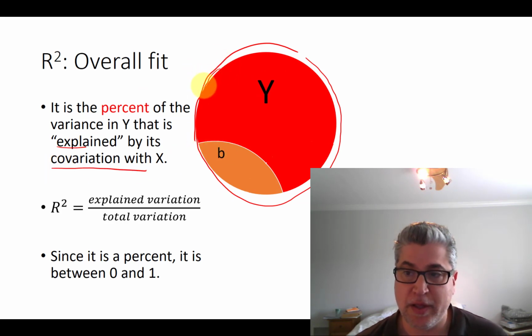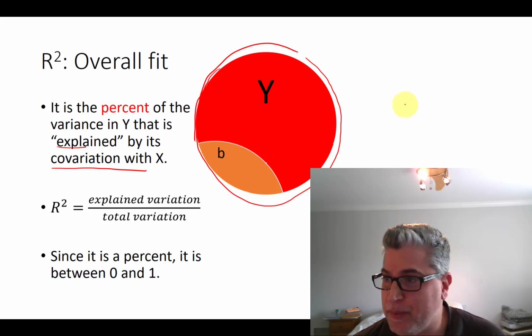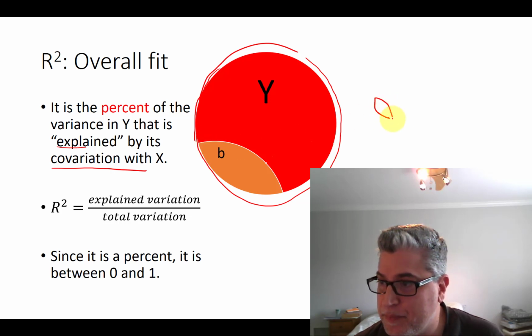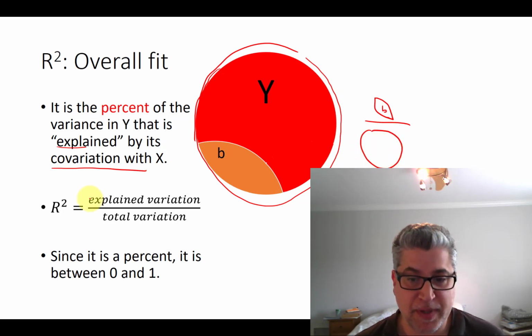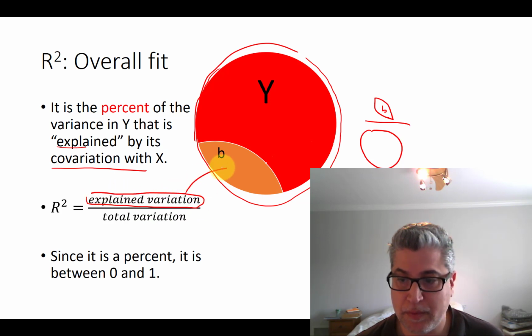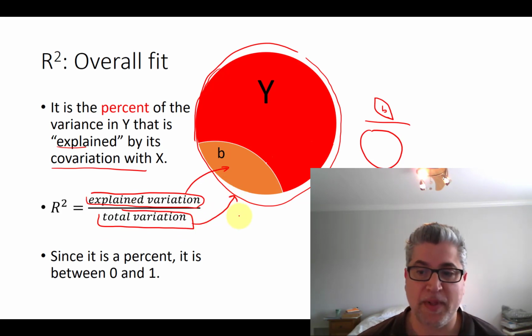So in other words, this part here divided by that part. It is the explained variation divided by the total variation, which is that big circle.